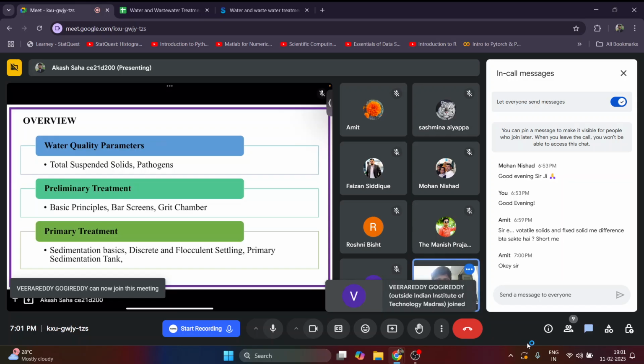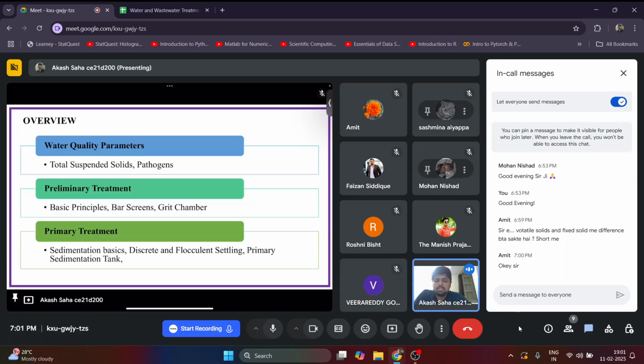So in week 3, we basically discussed the remaining water quality parameters. We talked about total suspended solids and pathogens. And then we moved on to the preliminary treatment of wastewater. We learned about the basic principles, what bar screens and grit chambers are used for as a preliminary treatment.